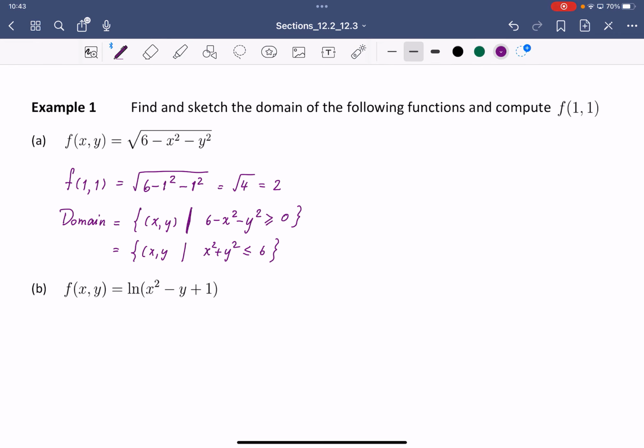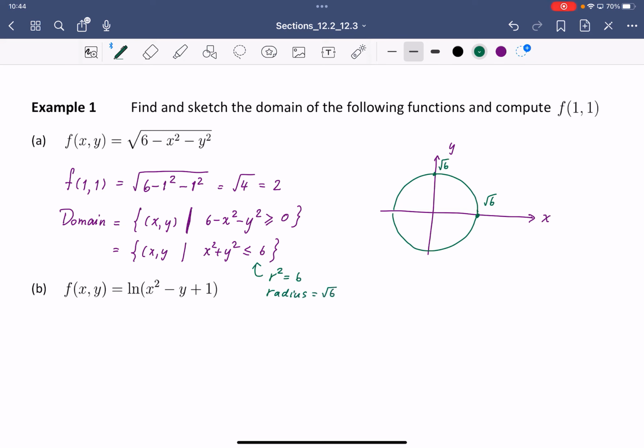And then you need to sketch the graph of x squared plus y squared less than or equal to 6. What is the graph of this one? It's going to be a circle, and the radius is square root 6, because this is your r squared, which equals 6.